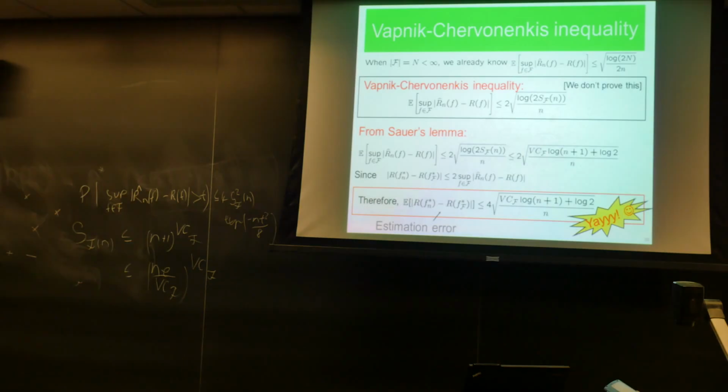Capital F could be infinite, but the number of ways in which these classifiers can behave on those n points is just S_F(n). So you effectively have just S_F(n) different ones.